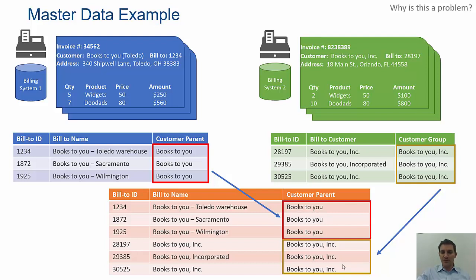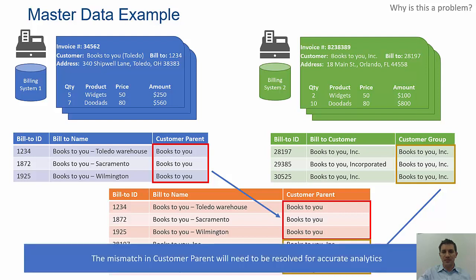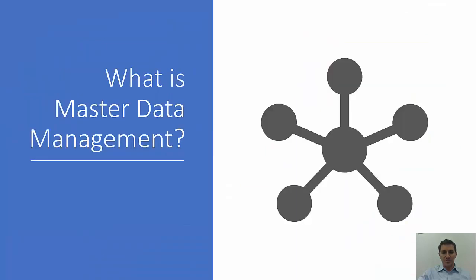If we report out on Books to You, we're not going to be seeing the full picture because we're not going to be capturing Books to You Inc. So the mismatch in this case will need to be resolved for accurate analytics. It may seem like a simple example, and it is, but picture this with tens of thousands or even millions of records and customers.